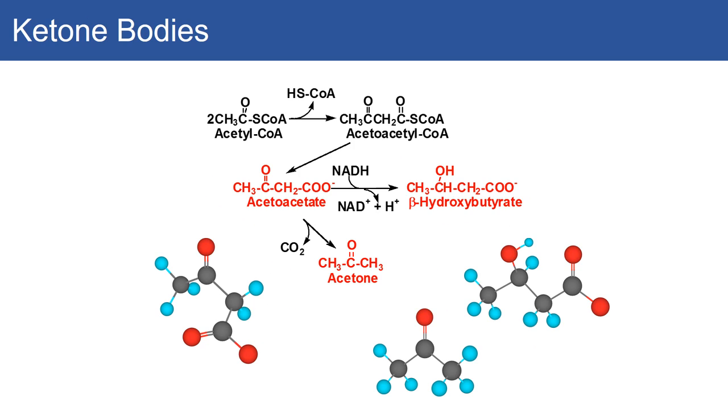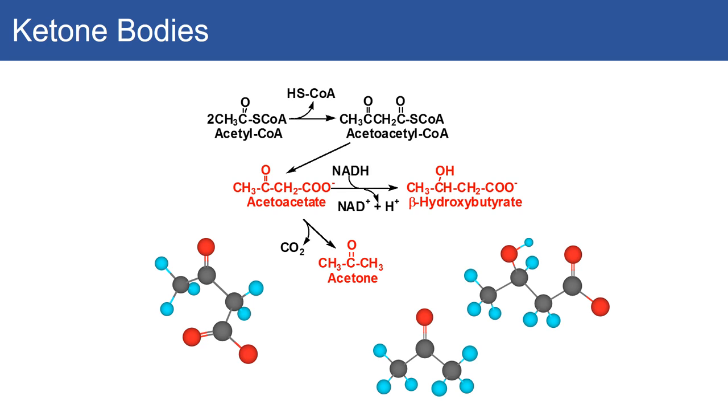Ketone bodies are another source of energy. Acetone, beta hydroxybutyrate, and acetoacetate are formed primarily in the liver mitochondria. They can be used as fuel in most tissues and organs, and the formation occurs when we have excessive acetyl-CoA in relation to the amount of oxaloacetate available.